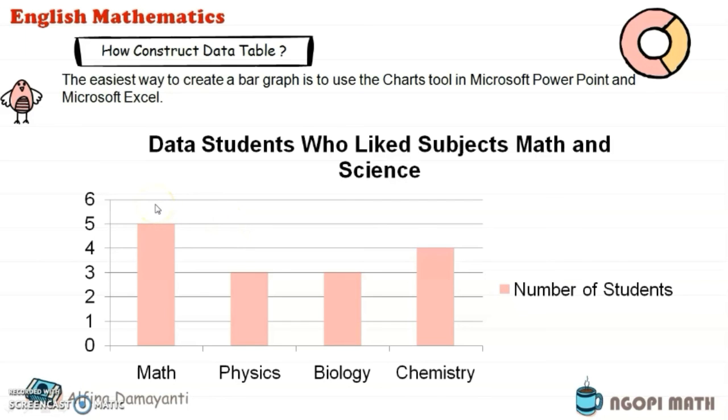We can read this data. The subject mathematics has 5 students who like it, and then physics 3 students who like it, biology 3 students who like it, and chemistry 4 students who like it.